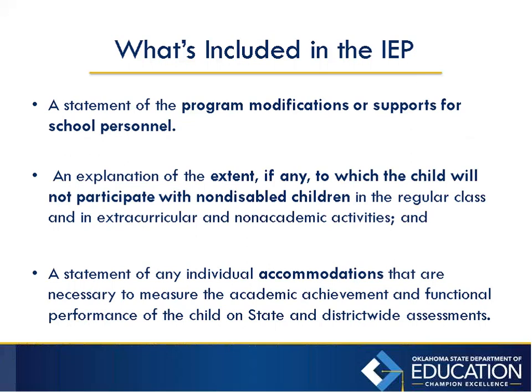You know, if they're going to be walking the student down to the nurse's aid station because they're going to be measuring their glucose levels for a diabetic, whatever those needs or supports are, it's different and unique for each student, and so that's why it's a narrative in that section so that it can be specific to supports for school personnel.